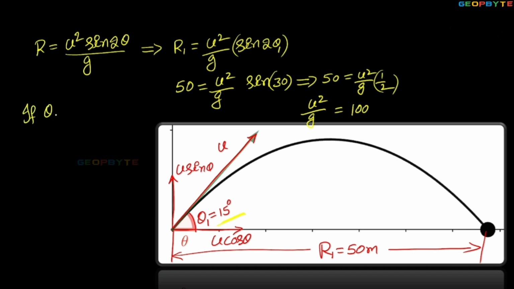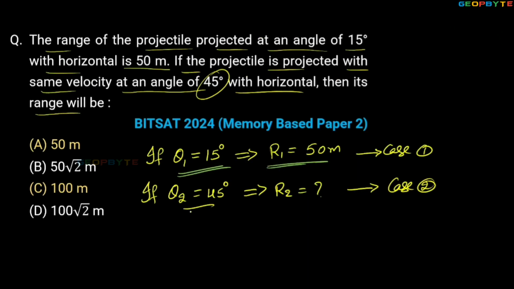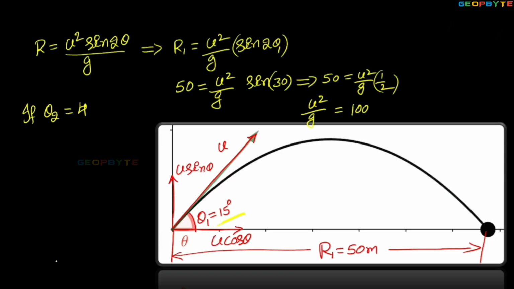Then look at the second case. If theta 2 is 45 degrees, what is the range? Then R2 equals again u square by g into sine 2 theta 2.